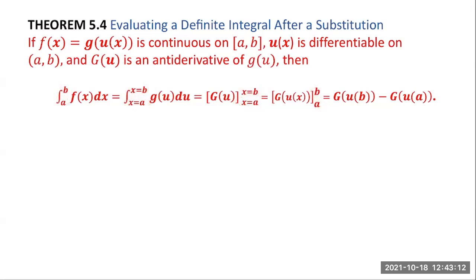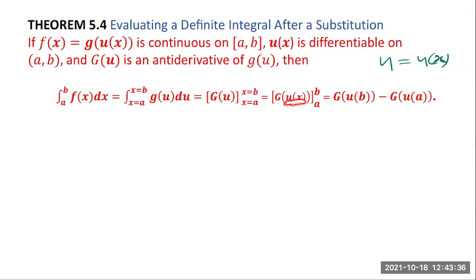Okay, so now what you do is, here you have G of u, but I know that u is u of x. I'm going to replace this u by u of x. That's your substitution. Remember, usually you use u is equal to u of x. U is a function of x.